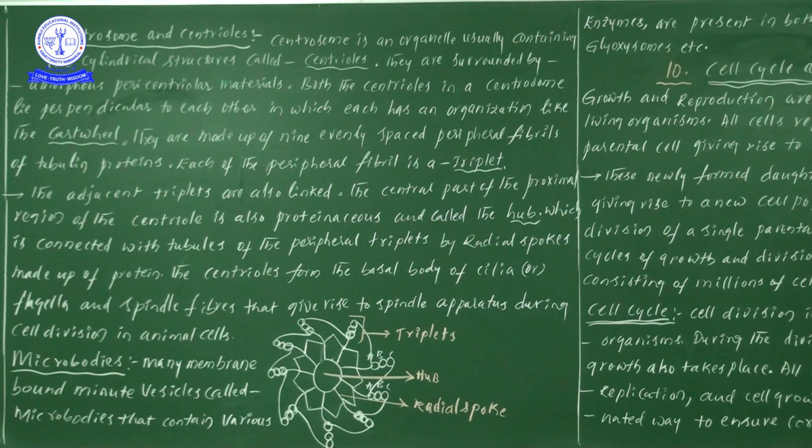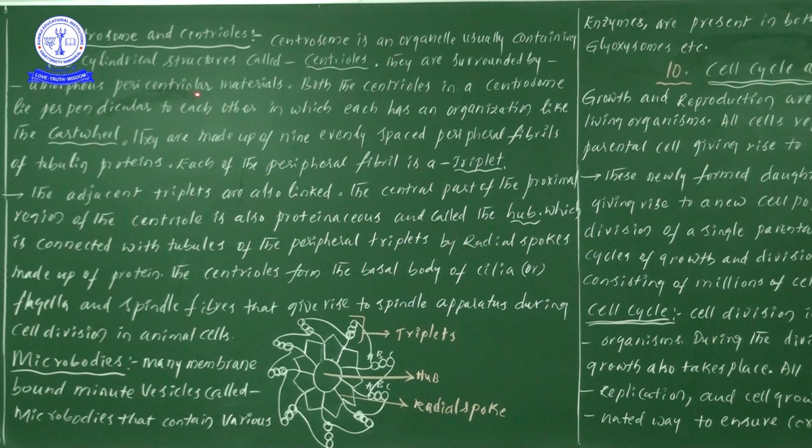So if you take a centrosome, two cylindrical structures are present within it, and we call these centrioles. I have given this information in a previous video also. They are surrounded by amorphous pericentriolar materials.